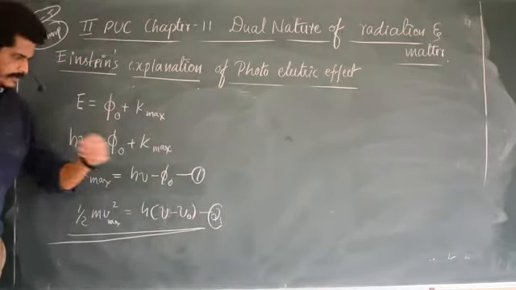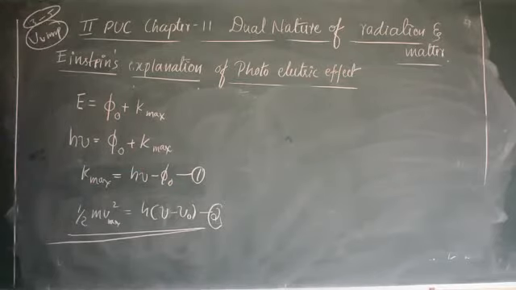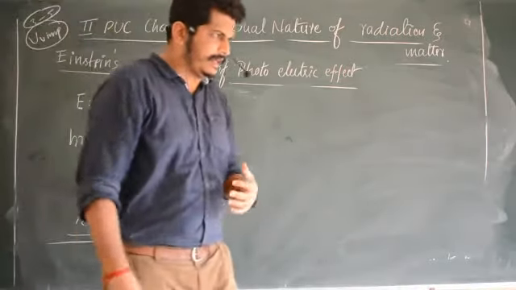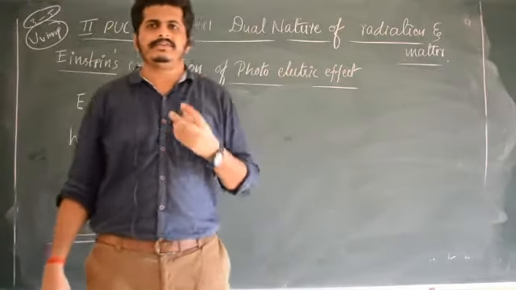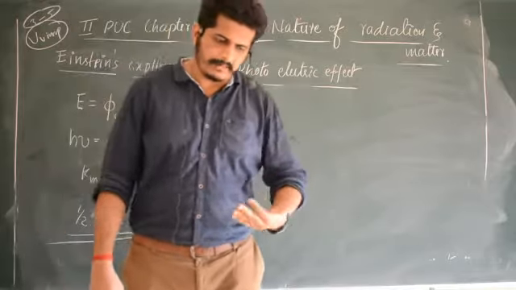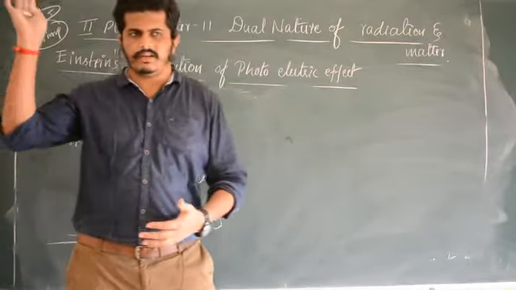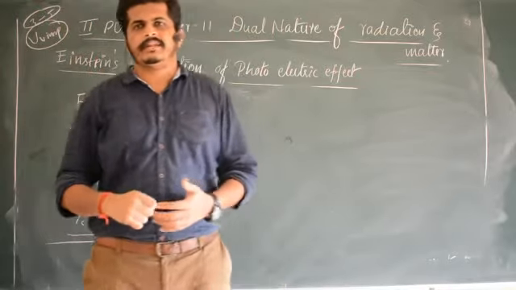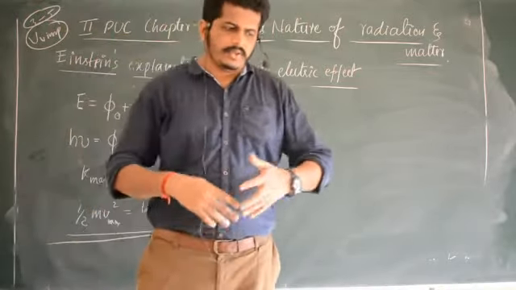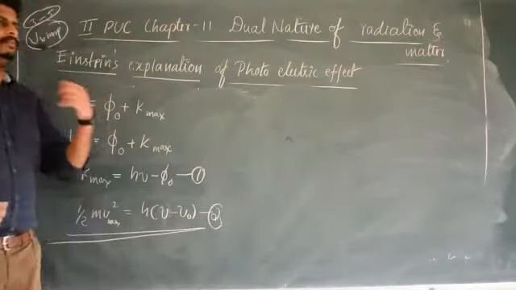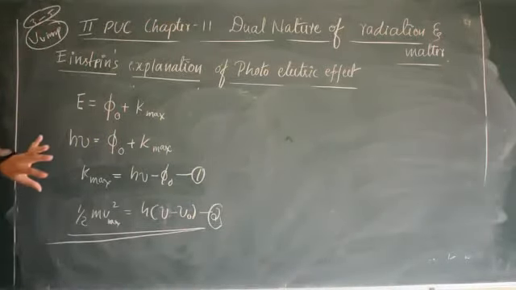Right hand side of the equation you can see there. So what he explains: he took Max Planck's concept and explained the energy will be utilized in two different ways. One is for liberating the electron from the metal surface, which is equivalent to the work function of the Hallwachs-Lenard experiment. The remaining is utilized to impart maximum kinetic energy, that means to make the electrons move.